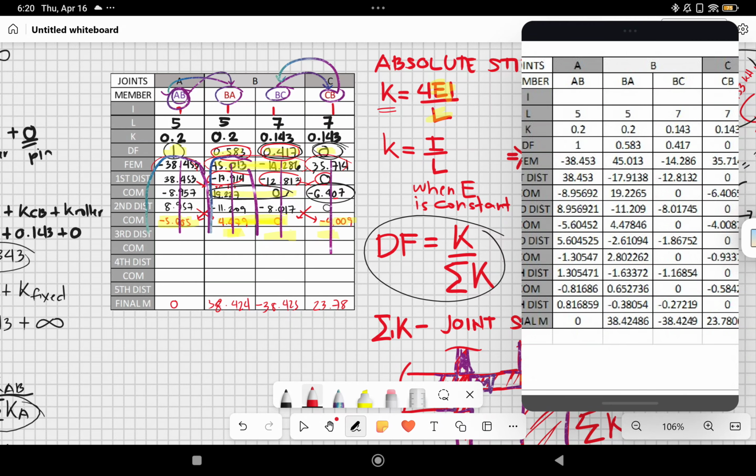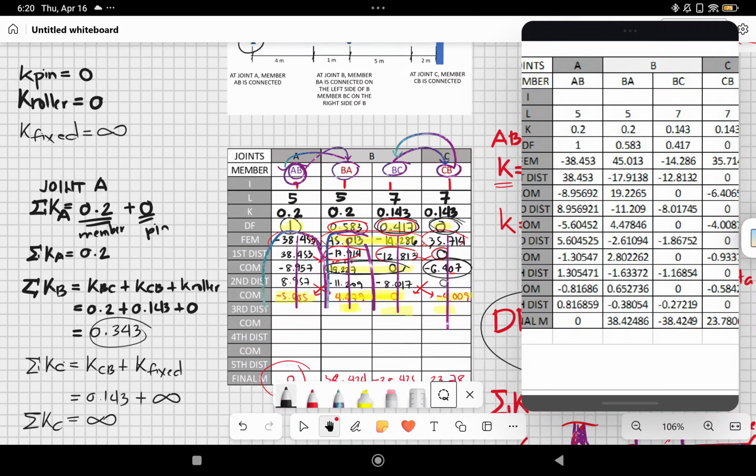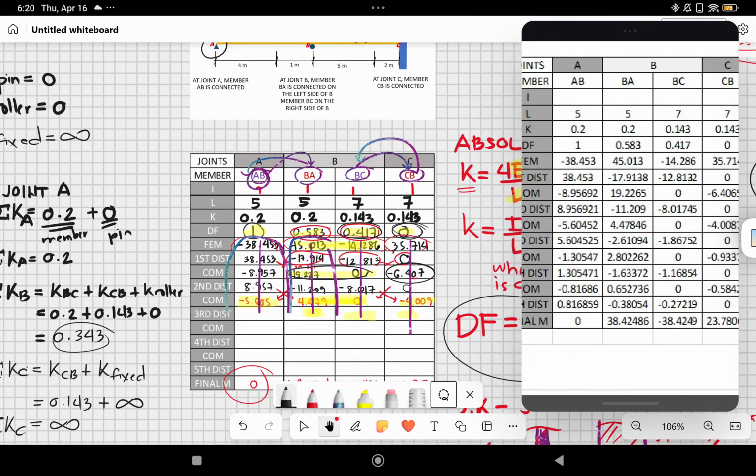As you can see, as expected, since this is a pin support, now the final moment at the pin support or a roller support, if the end is a pin or a roller, the final moment should be expected to have a value of 0 since no moment will be transferred to a pin support.